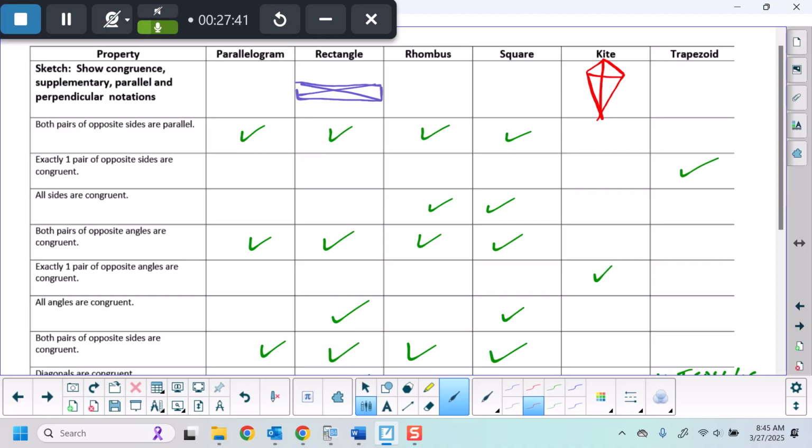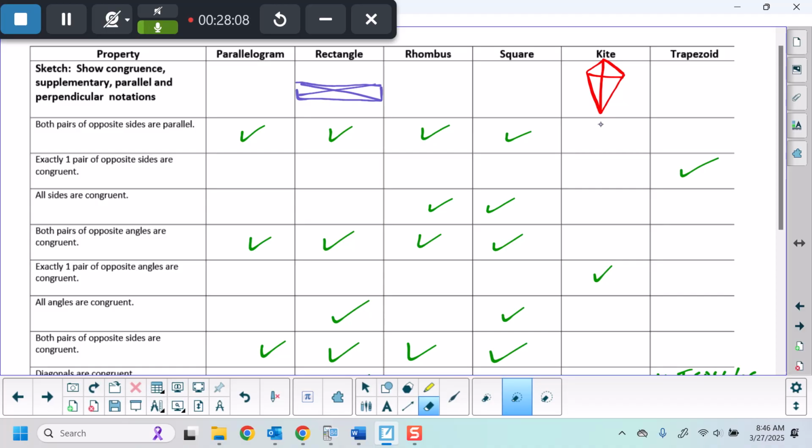And the kite is kind of crazy because some things are true and some things are not true. So this diagonal is bisected, but this one's not. These opposite angles are congruent, but these ones aren't. So if you're testing out a shape, draw a super slanty rhombus, and you'll see that the diagonals are not congruent.